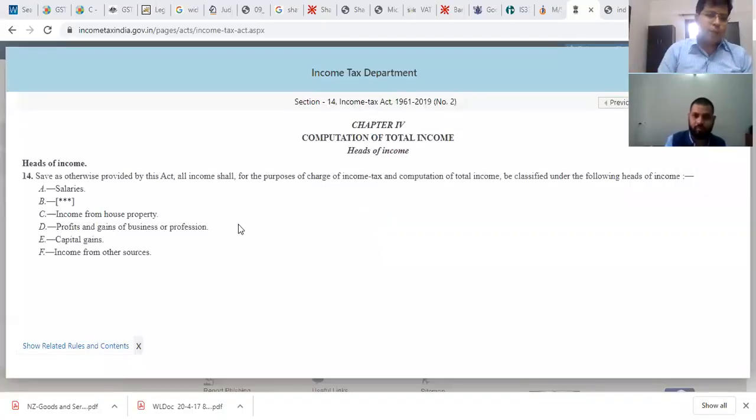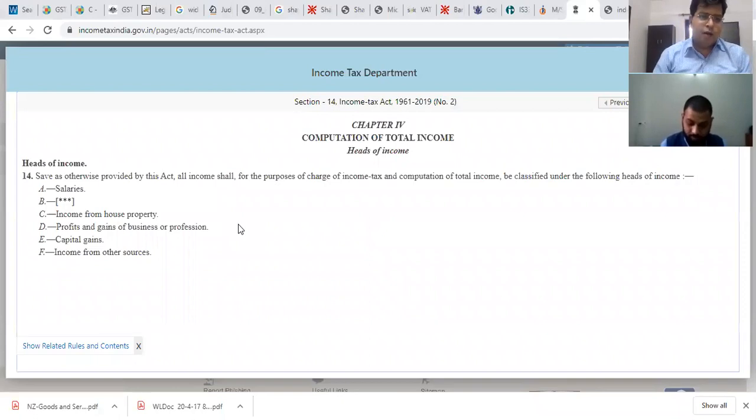I'll share this on the screen. So as per Section 14 of the Income Tax Act, we have five distinct heads in which income is divided: salaries, income from house property, profits and gains from business or profession, capital gains, and income from other sources. Now, the term salary is defined under Section 15, which covers all the components that it includes.